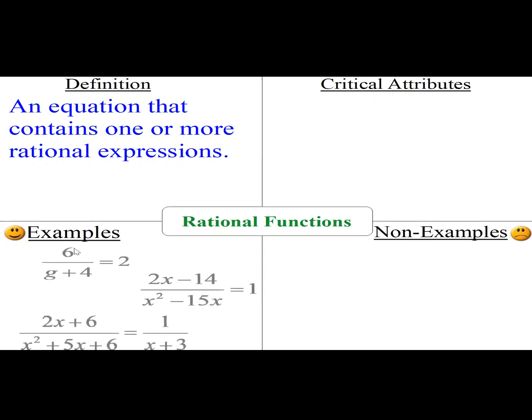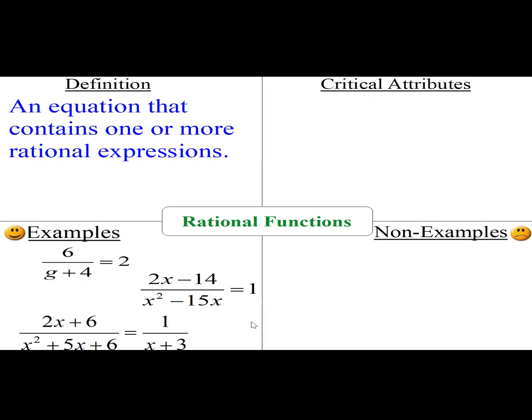Example given, 6 over g plus 4 equal to 2. The other example, 2x minus 14 over x squared minus 15x, and all that equal to 1. Another example, 2x plus 6 over x squared plus 5x plus 6 equal to 1 over x plus 3.